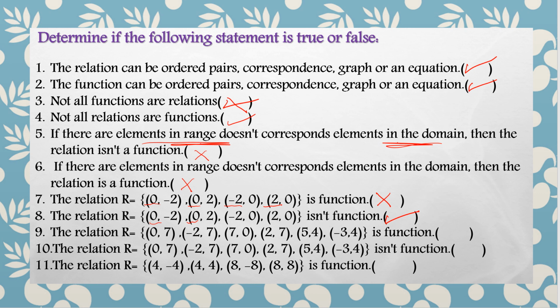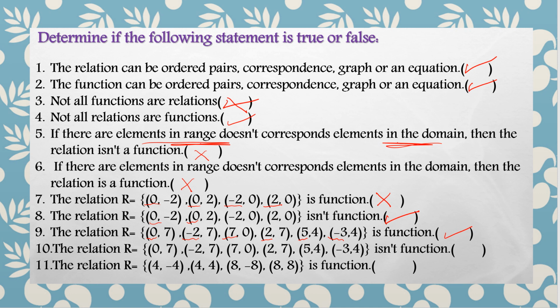Statement 9, this relation is a function, by checking the first component of each pair. We find that there are no repeated elements in the first components, so each element in the domain corresponds to exactly one element in the range, so this is a function and the statement is true.